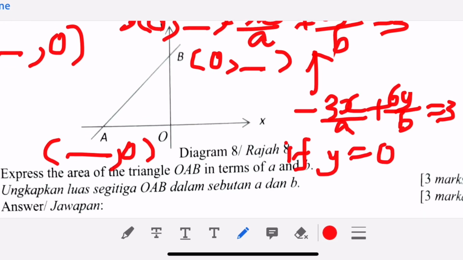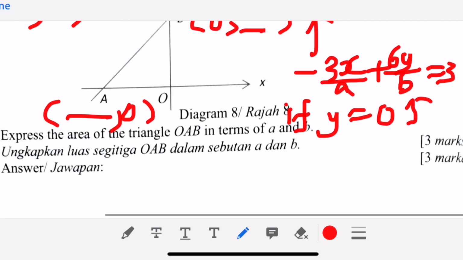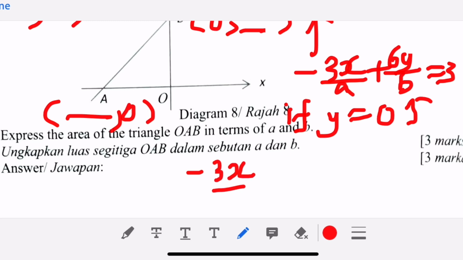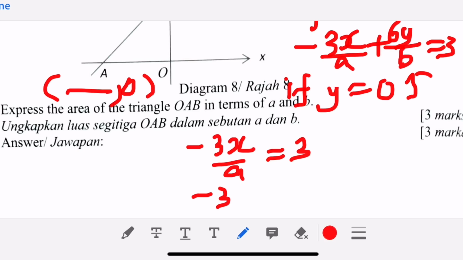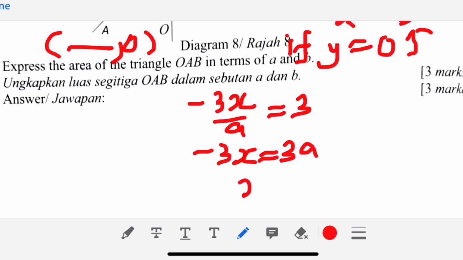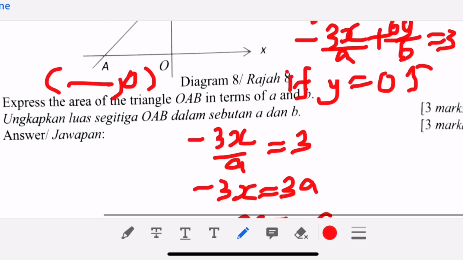So if you let y equal to 0, that means you are actually finding the x-intercept. So that means your y component will be 0. So negative 3x over A equal to 3. So your x is negative A, right? So that is the x-intercept.